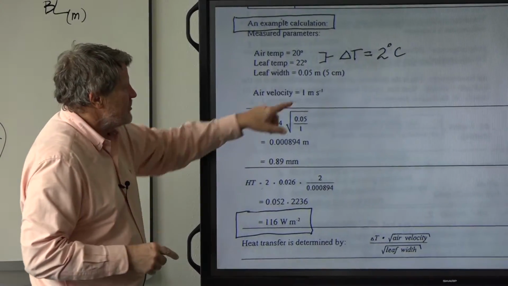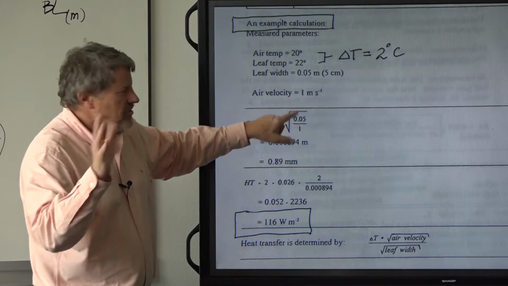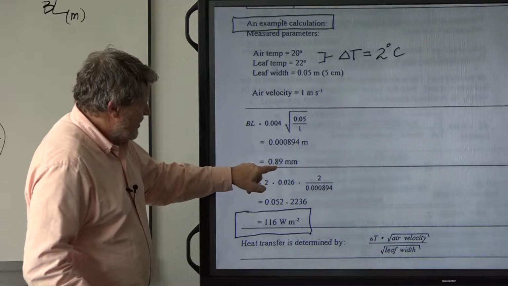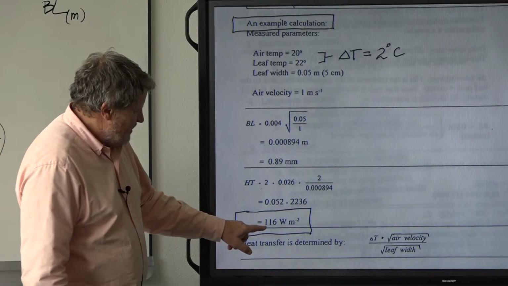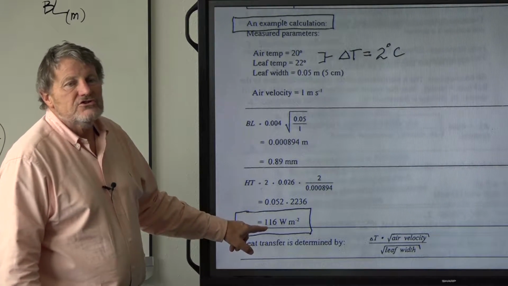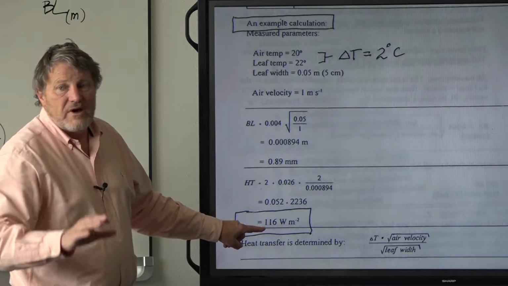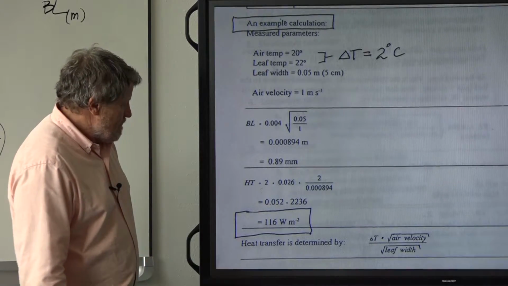It's just some average dicot leaf. Somewhat still air. The wind is blowing, but not very fast, so now we plug in the numbers, and there's the boundary layer thickness. And here's the rest of it. We get 116 watts per meter squared transferred by conduction and convection in this example.